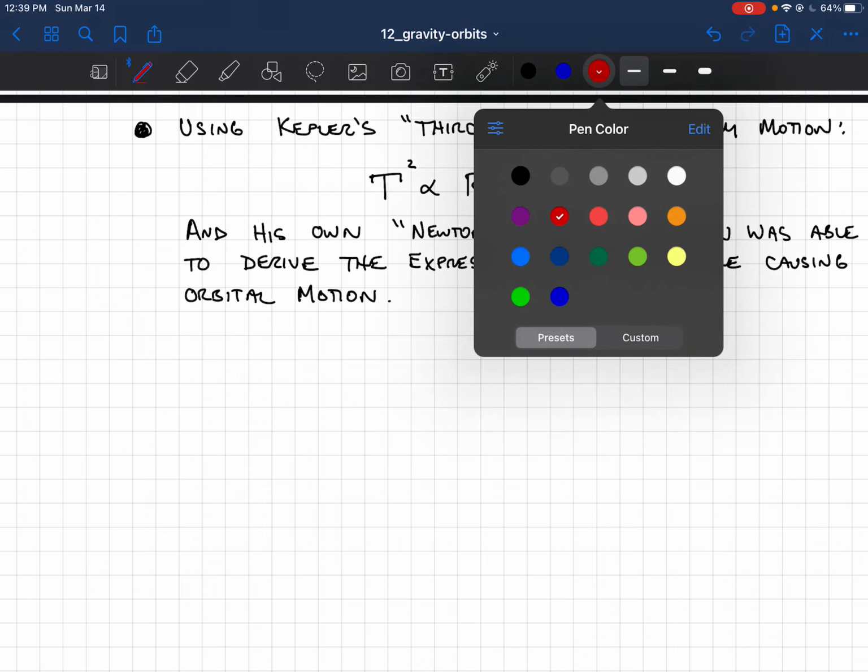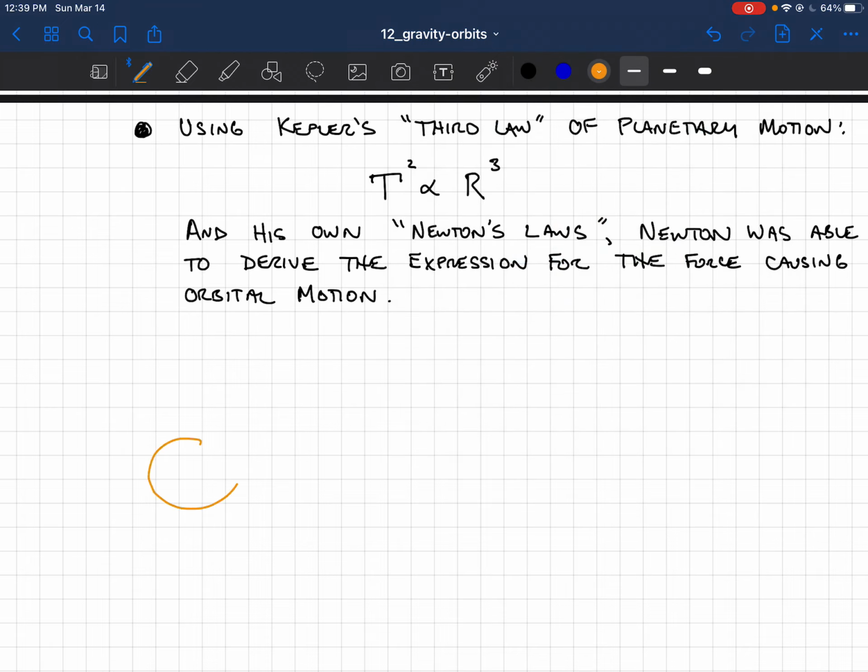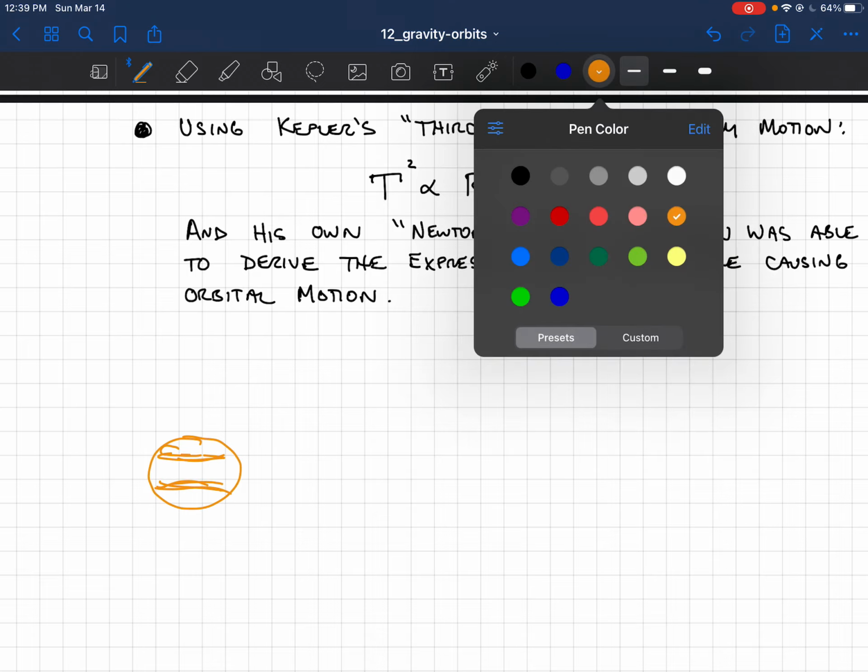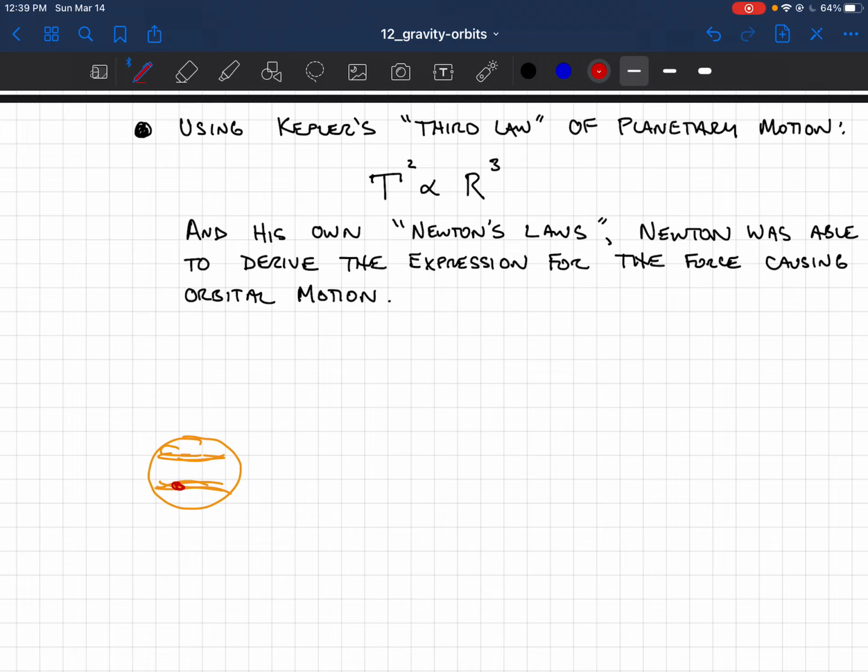So let's draw out Jupiter here. So we'll use Jupiter as our example, although Newton used some other objects as well. I think he used the motion of the planets around the sun because Kepler had good data for that as well. But here's Jupiter. And Jupiter had a number of moons that went in basically circular orbits around it. So here's one.